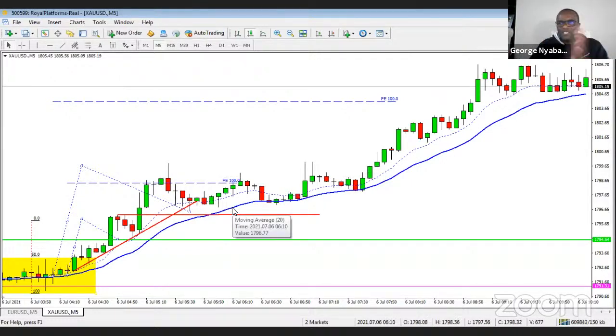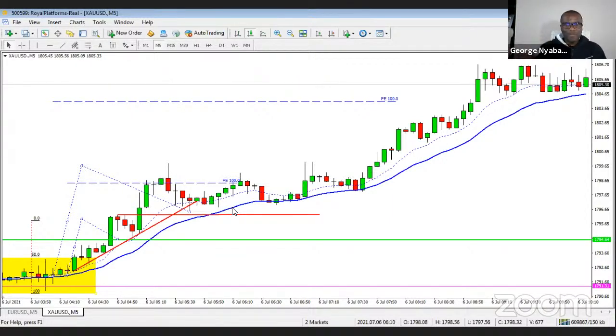until I see a close beneath the 20 EMA. Remember, when we're talking about breakouts, I said I used the 10 EMA to indicate the strength of the breakout. So if I get a strong breakout, bullish or bearish, when the market pulls back to test the 10 EMA, and I get a bounce off the 10 EMA, then I know the breakout is strong.